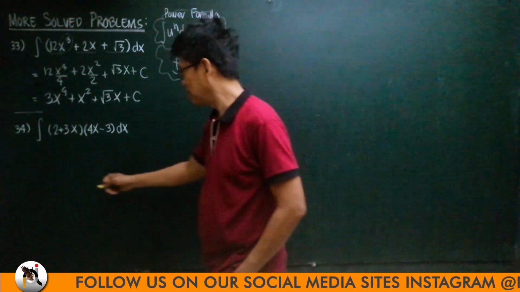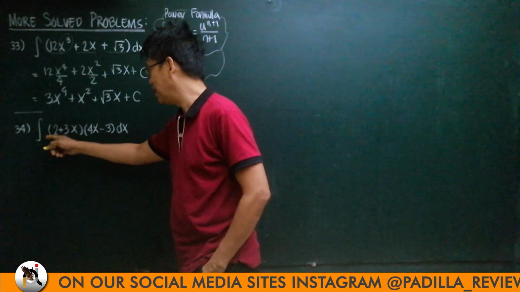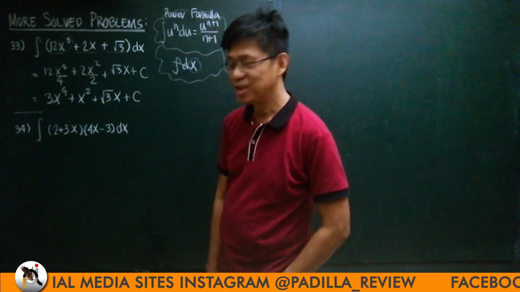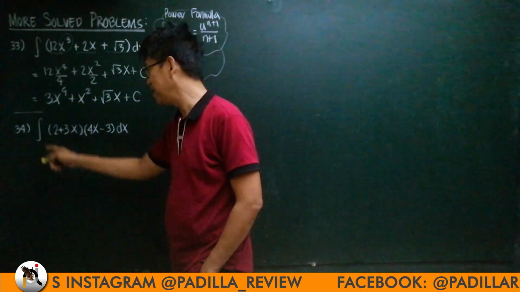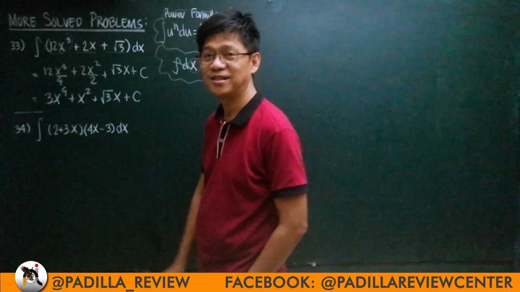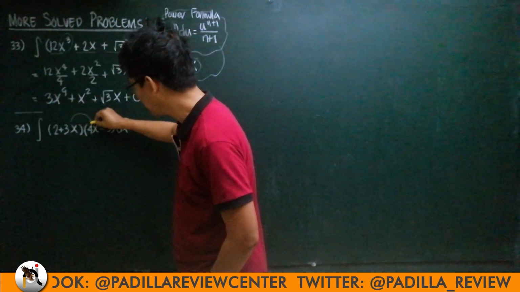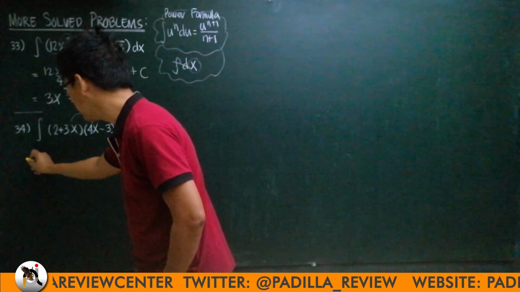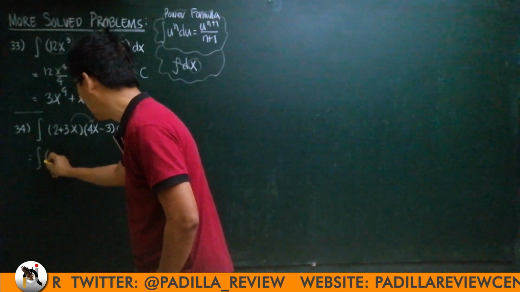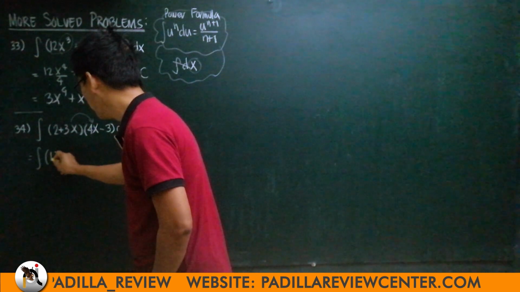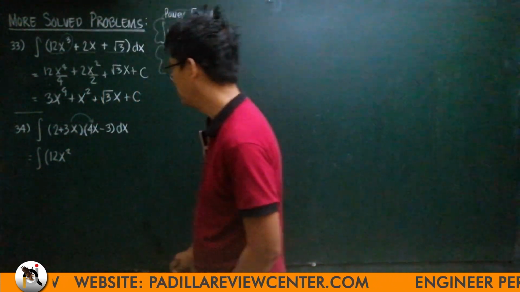What about this one? Product of linear terms. So what you are going to do here is you expand this first. So this is going to be 3x times 4x. This is the same as the integral of 12x squared.